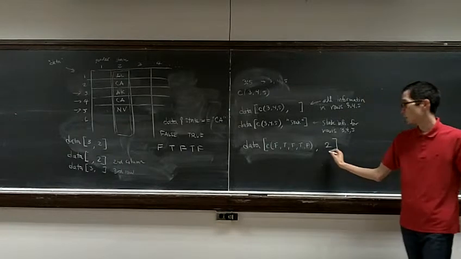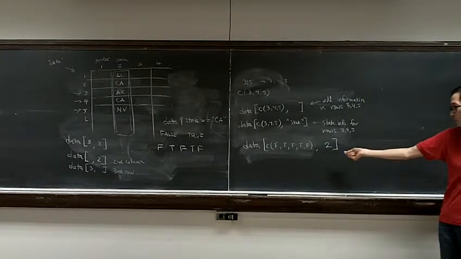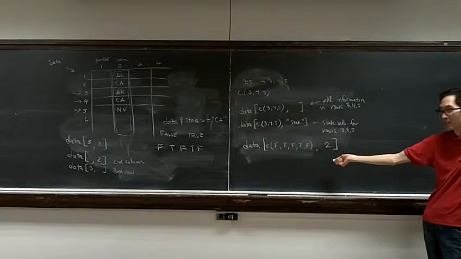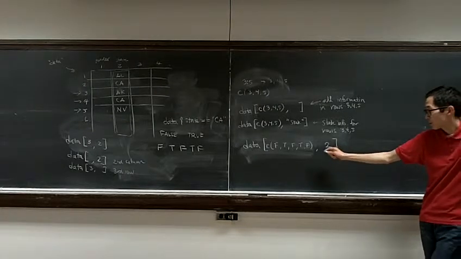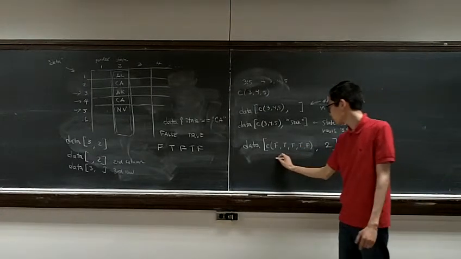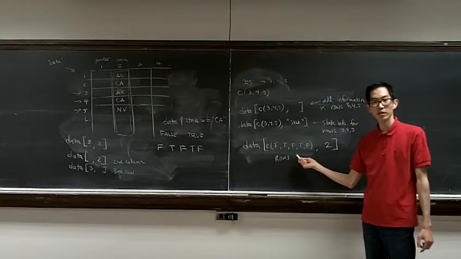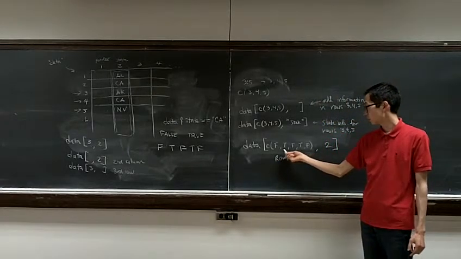And I could say, give me back the second column. Now, what would the result of this be? This part says which rows I want. Which rows am I going to include? The true ones.